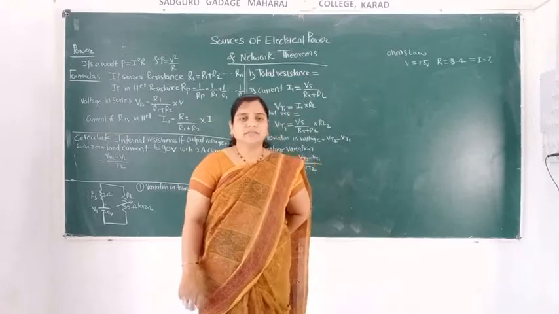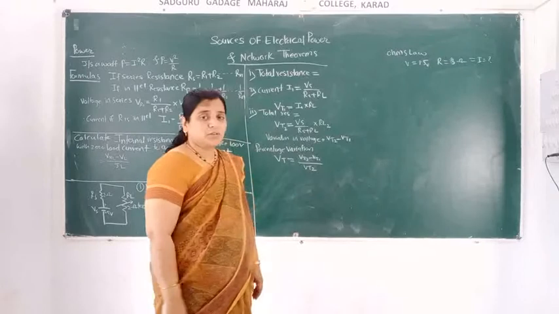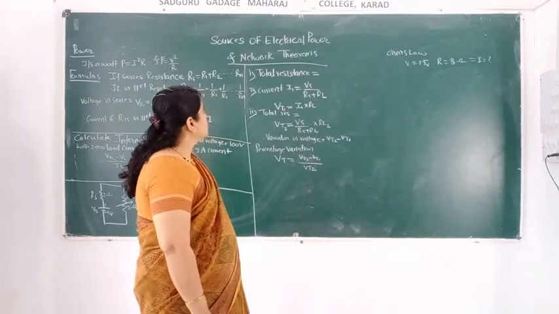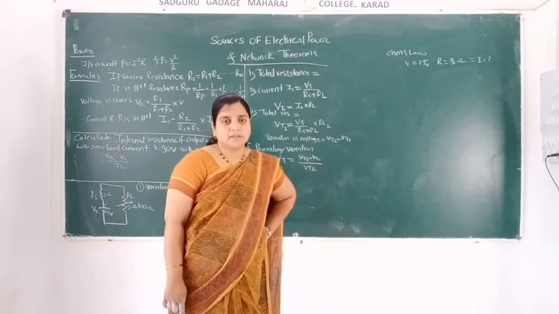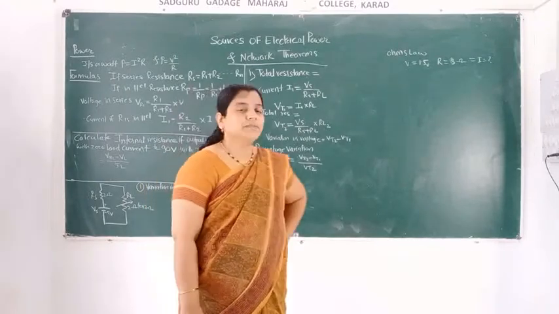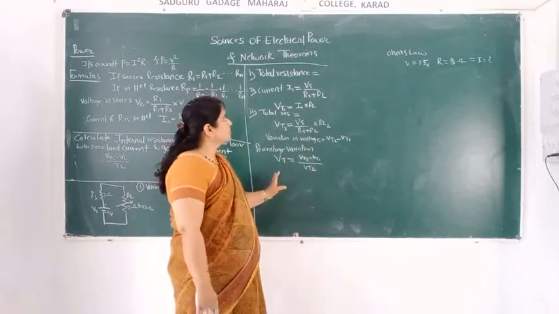We have started the first chapter of your syllabus of paper 1, that is sources of electric power and network theorems. In this chapter we have seen 2 or 3 points.